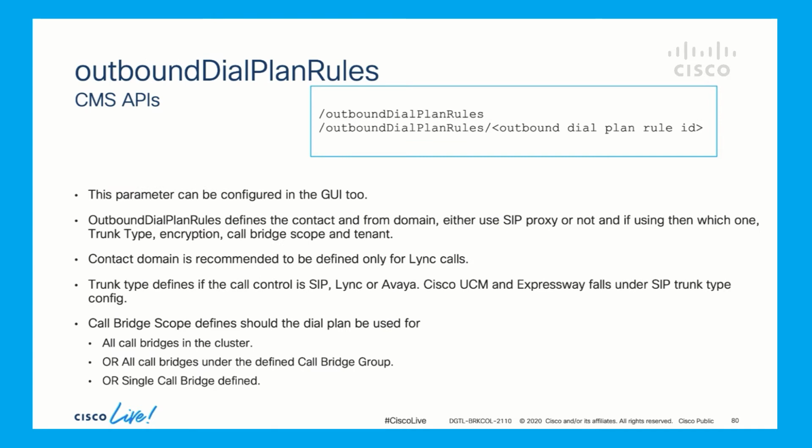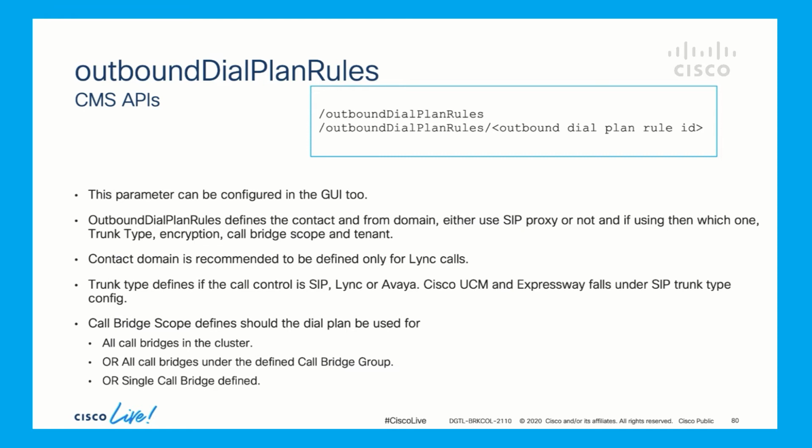This API is needed to configure the dial rules when calling out from the CMS. Outbound dial plan rules can be configured via the GUI too. Outbound dial plan rules can configure whether to use a SIP proxy while dialing out or call directly. If using a SIP proxy, it configures the trunk type.